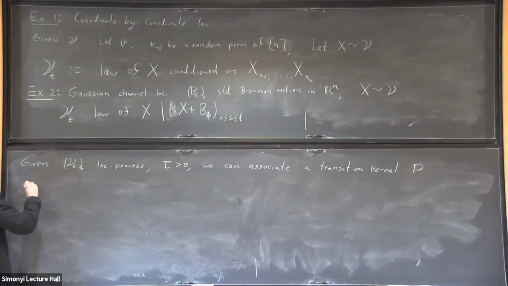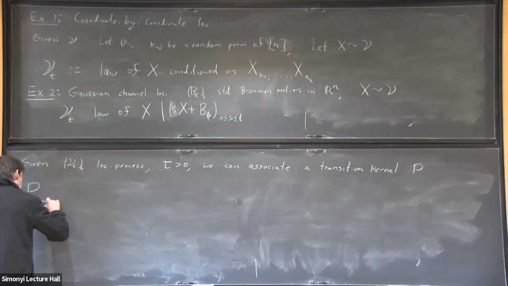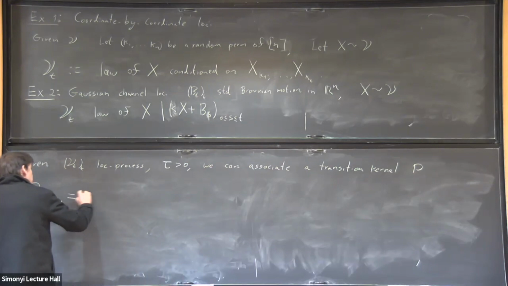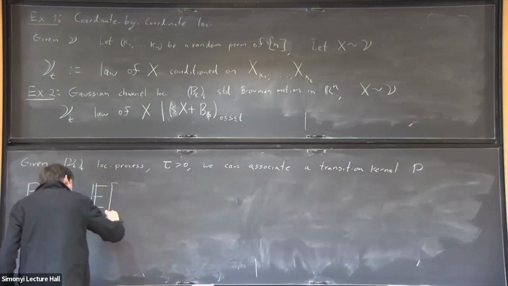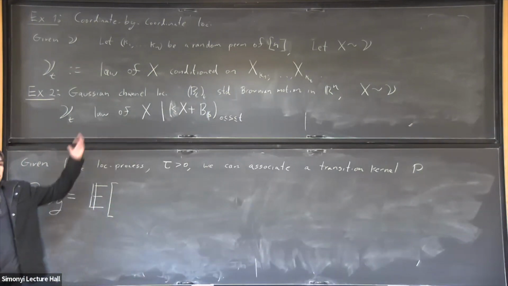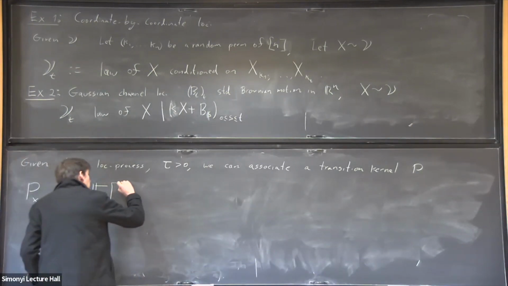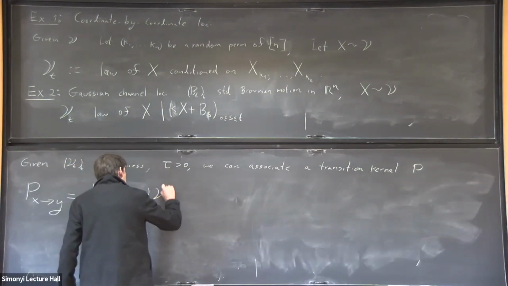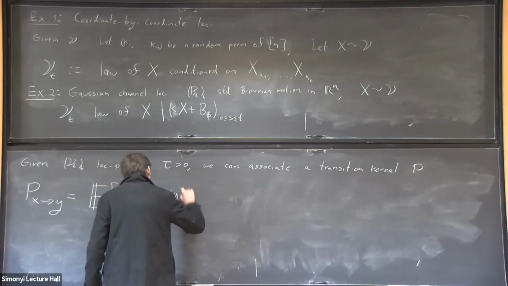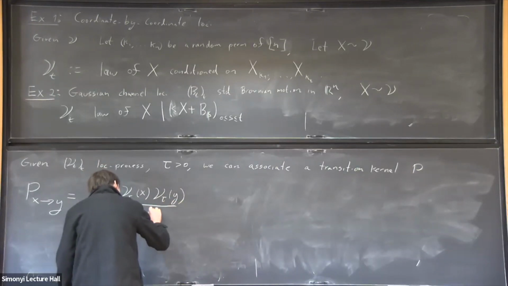Via the following formula, P(X,Y), the transition from X to Y, is the expectation, over the localization process of nu, of nu_tau(X) times nu_tau(Y) over nu(X).